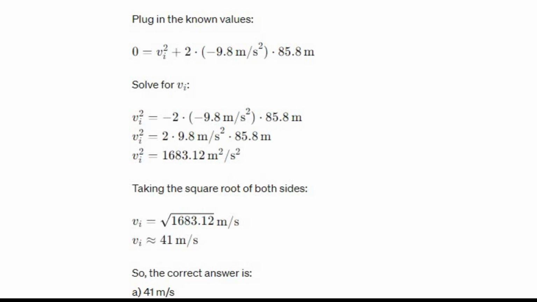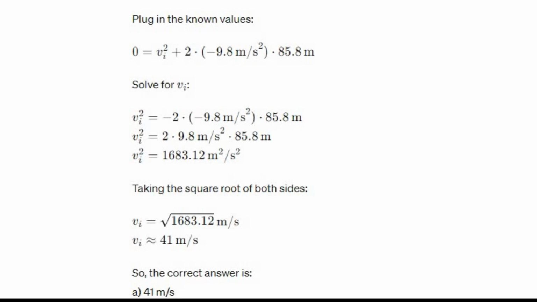The initial velocity squared equals minus 2 times minus 9.8 meters per second squared multiplied by 85.8 meters. V initial squared equals 2 times 9.8 multiplied by 85.8, which equals 1683.12 meters squared per second squared.